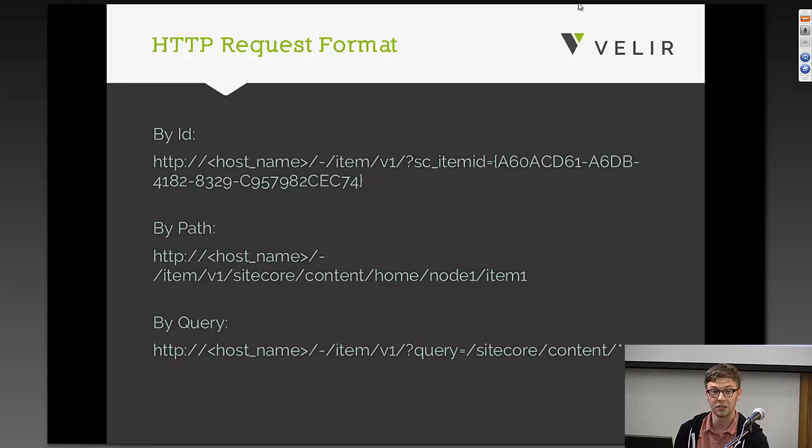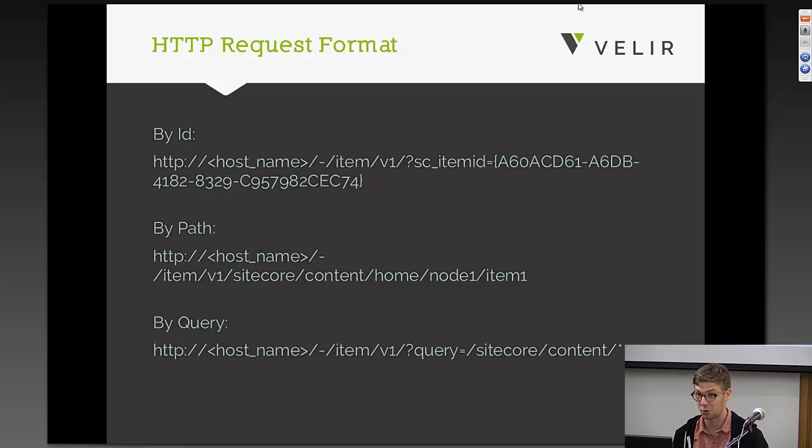There are 3 different ways that you can get an item out of Sitecore with the API. It's very flexible, and there are all sorts of different options. You can get a little bit of data, or a lot of data. You can get by ID or path, or even by a query. And query is where things can get a little dangerous.